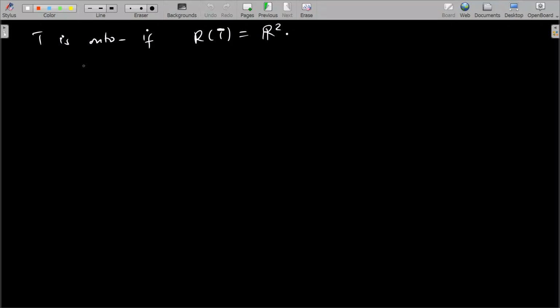Now remember, R of T, the range of T, is given by vectors of the form a1 minus a2, 2a3. Let me pick any. I know that obviously this is a subset.